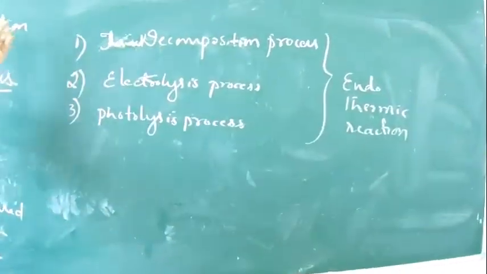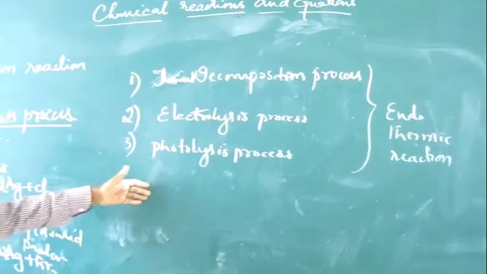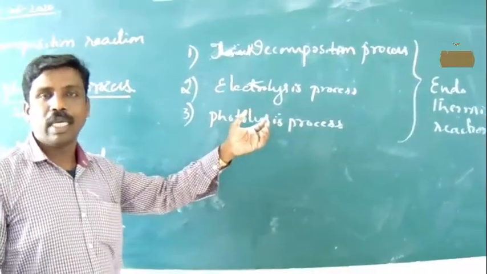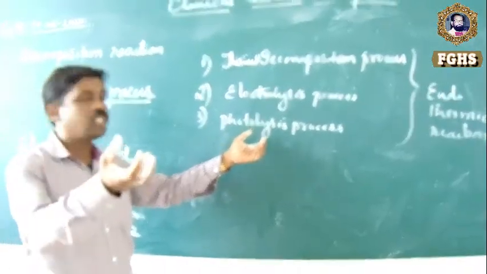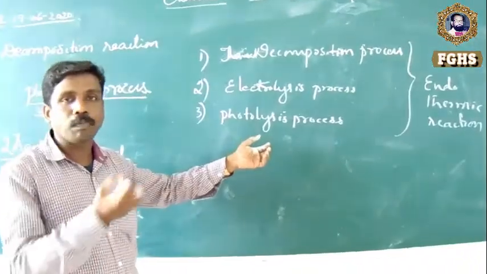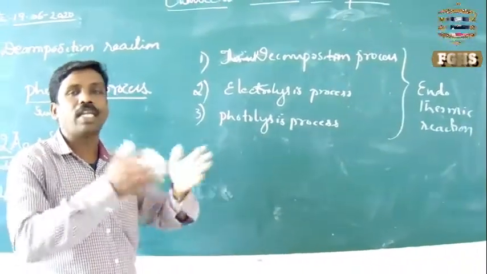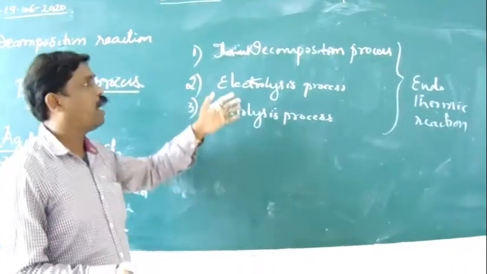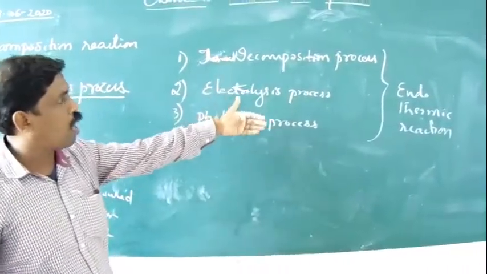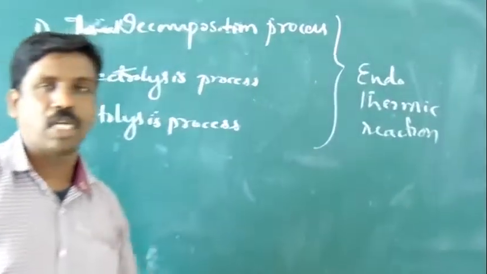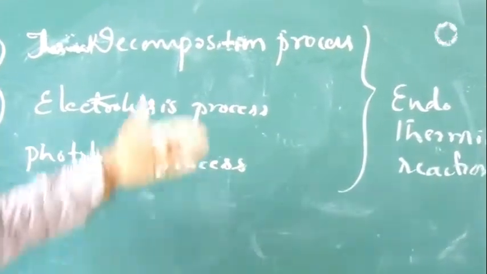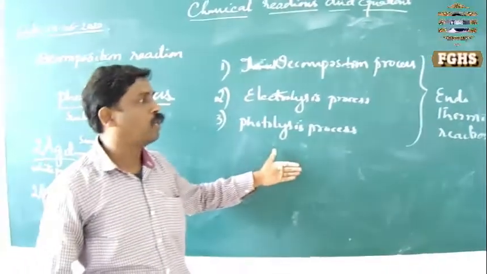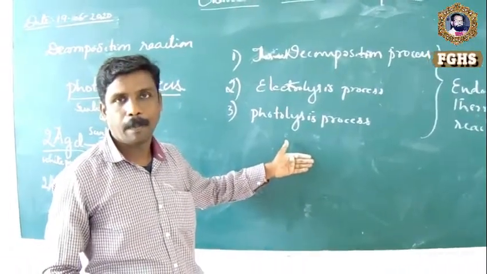Energy in the form of heat, electricity, or sunlight is absorbed for the reactant to get decomposed. That is why all these processes are called endothermic reactions.